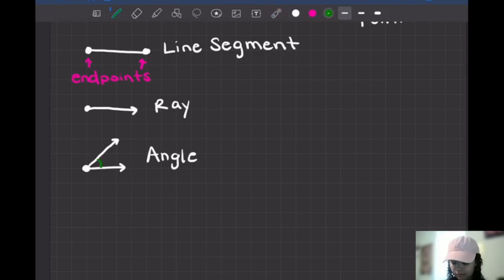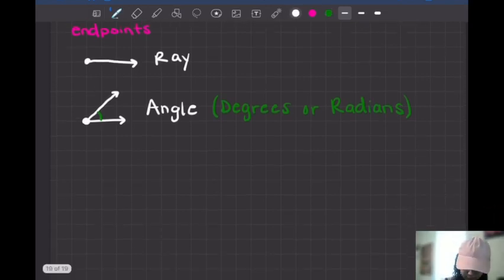An angle can be measured in either radians or degrees, but most commonly in geometry we use degrees. In pre-calculus you start to use radians a little bit more, but in geometry we usually measure an angle using degrees.